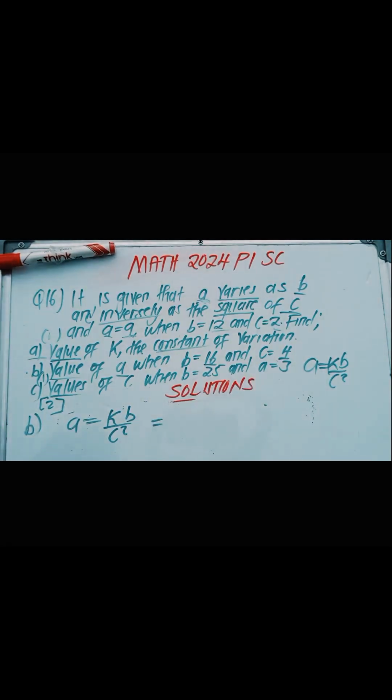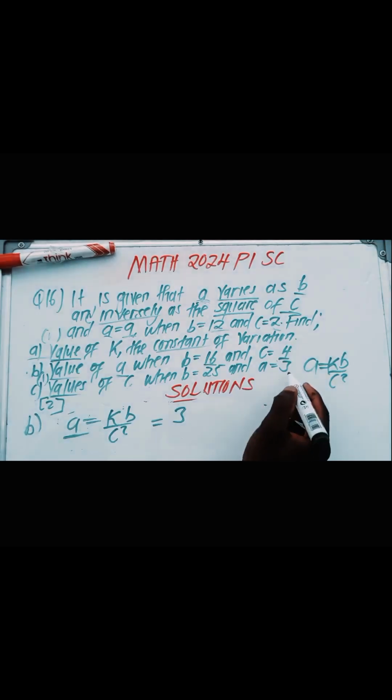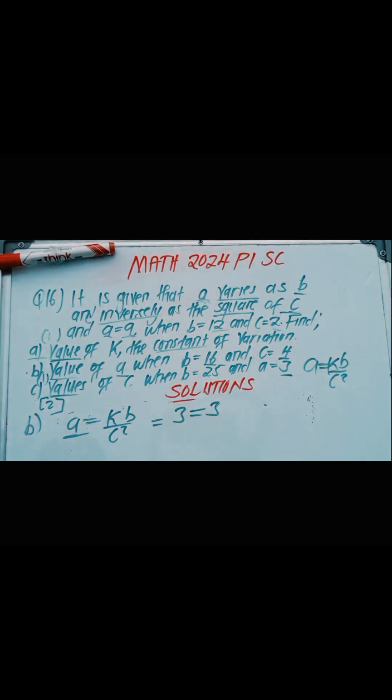So our equation will be A. We are going to replace A with 3, since that is the value which has been given, which equals, what is our K? Our K is a constant value, which is 3, the same one which we found at first. And then we multiply it. What is the value of B? We have been told that the value of B is 25.